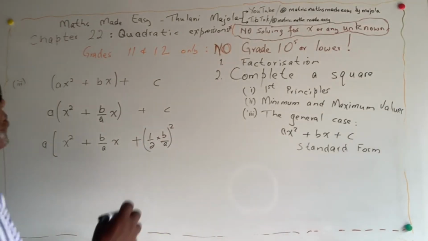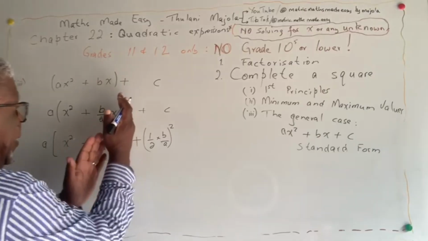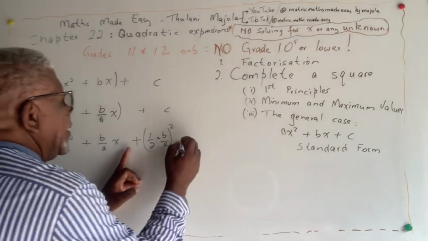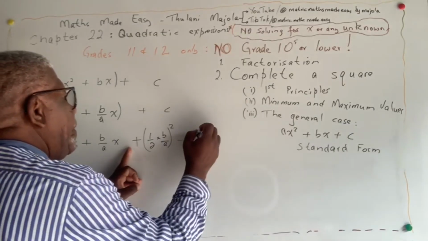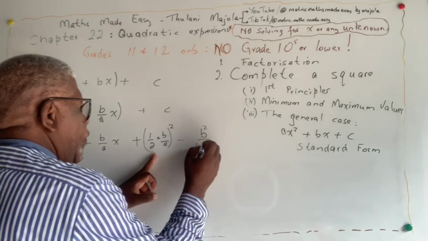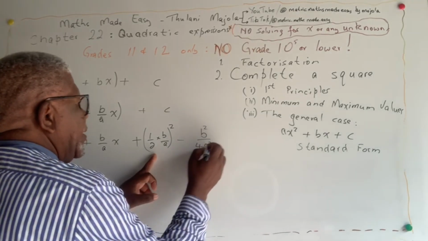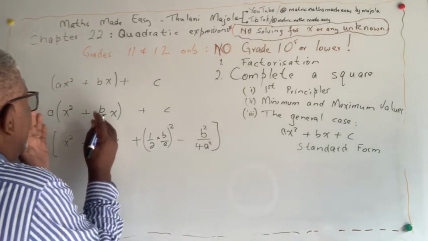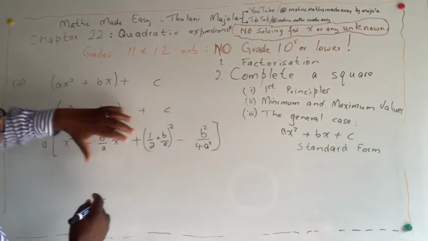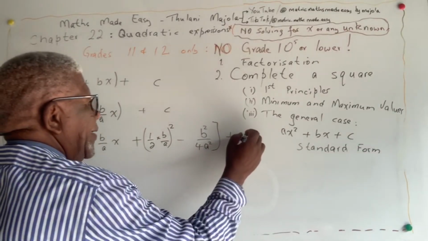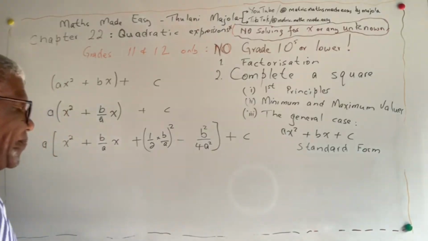But in order to stay aligned, so that you still have ax squared plus bx, we must subtract it. So we subtract b squared over 4a squared, and then we close the brackets, and we still have these two terms, because this one is actually 0. But don't forget to add c.